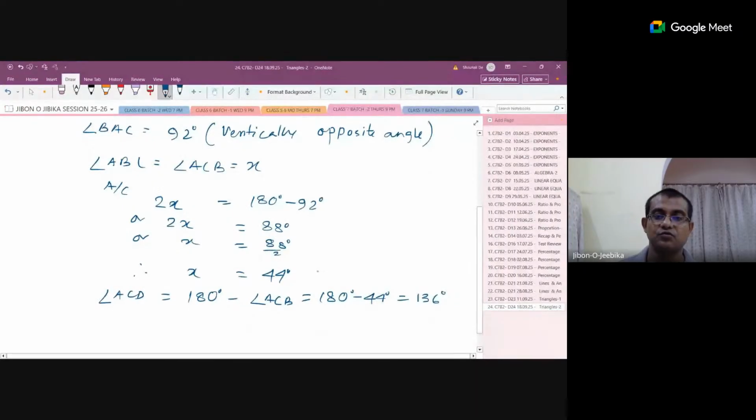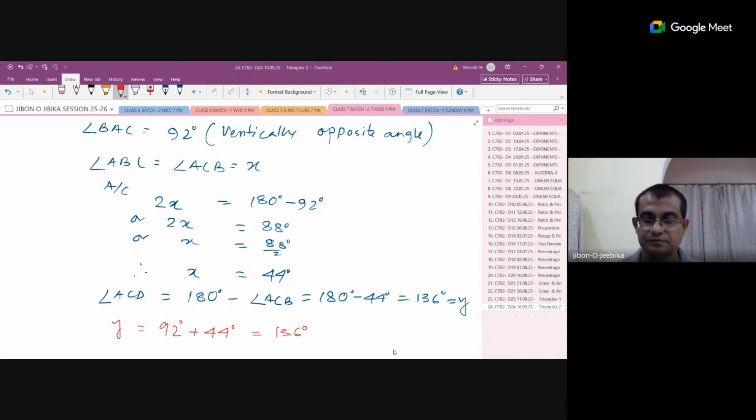So y is equal to this, 136 degrees. Y can also be found another way, an alternate method: y is equal to 92 degrees plus 44 degrees, so that is 136 degrees.